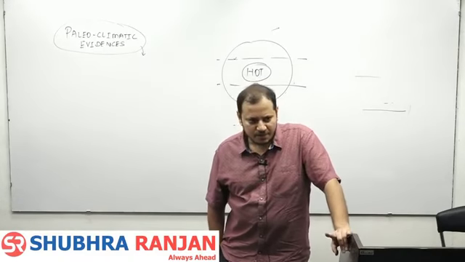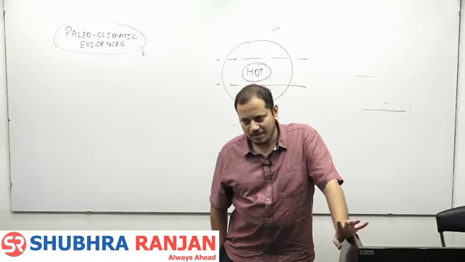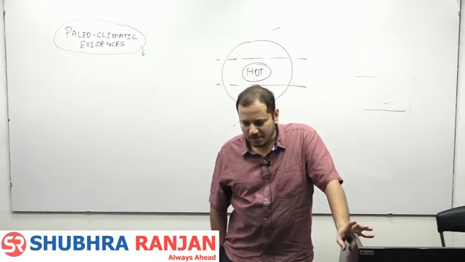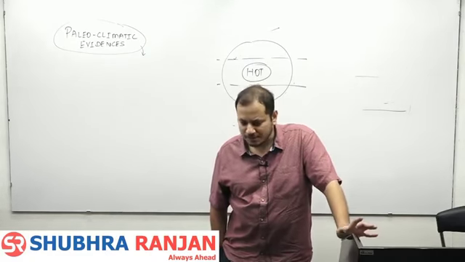See, scientific optional, fine. So how we are writing the answer? In points. Just write directly in the points. इसमें arguments और सबकी जरूरत नहीं है unless you come to the human geography.